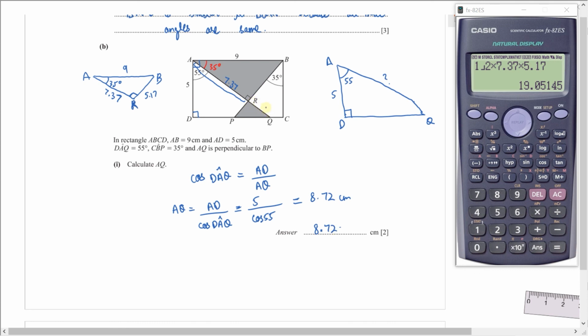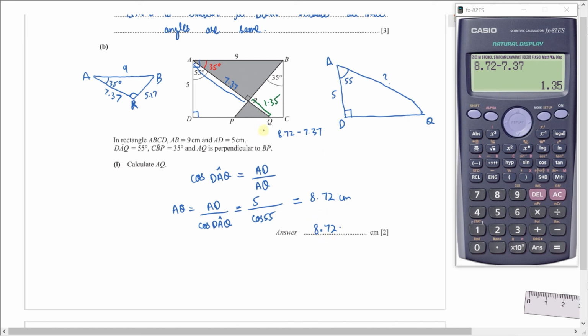So this length RQ will be 8.72 minus 7.37, which is 1.35. So if you add the two together, you will get this full length AQ, which we calculated in the first part to be 8.72.